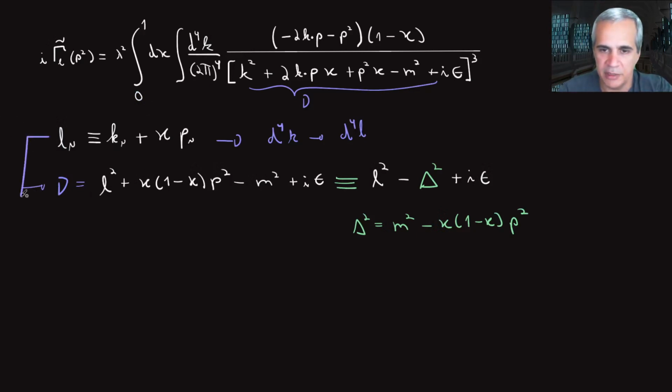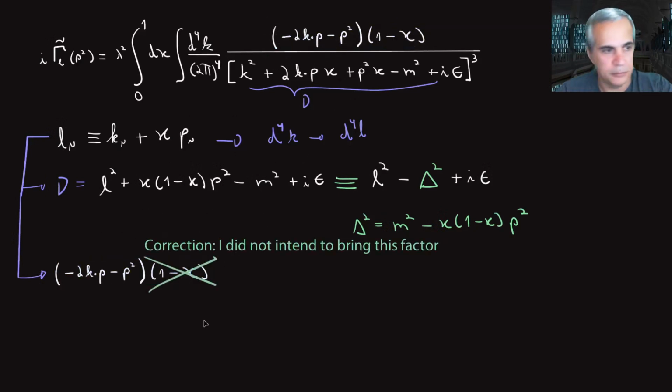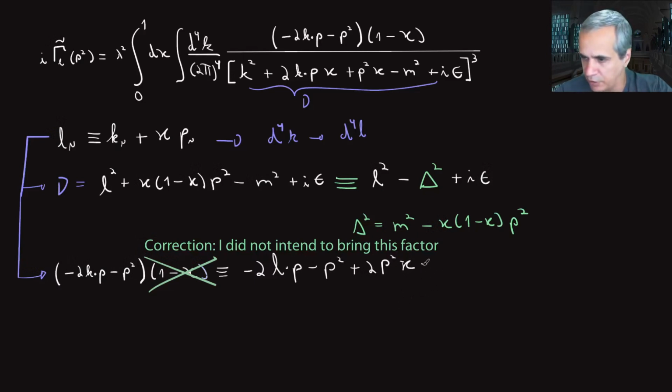I just have to do the change right here. This will be minus 2L scalar P minus P square plus 2P square x, which I can rewrite as minus 2L scalar P plus (2x minus 1)P square.